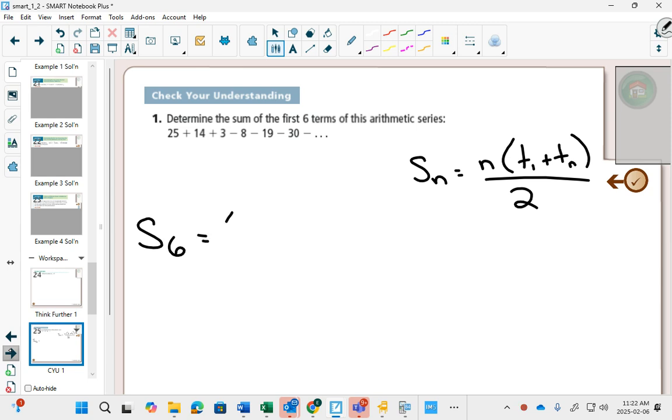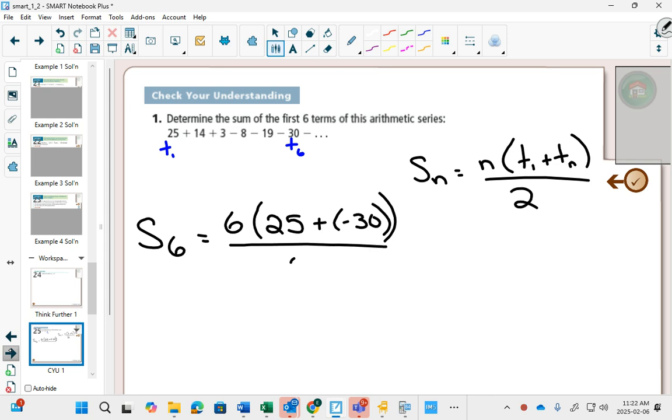Sum 6 says that I'm finding 6 terms, so then my n is 6. Term 1 is 25. Term 6 is negative 30, right? Because this would be term 1, term 2, 3, 4, 5. This is term 6. All divided by 2. And then we just do our mental math.